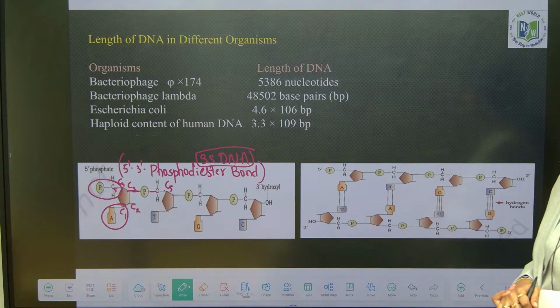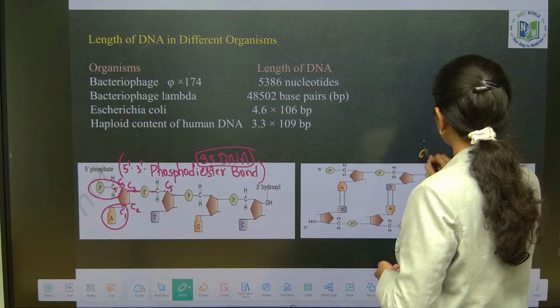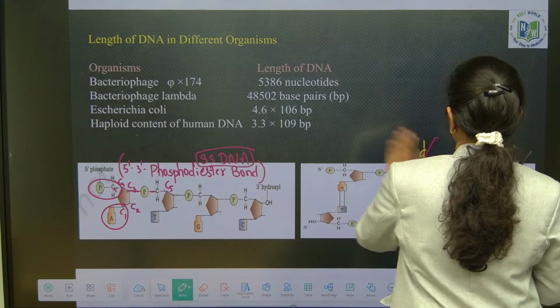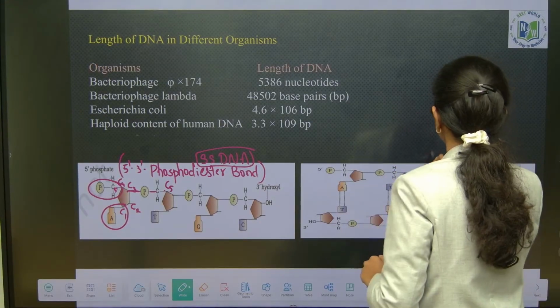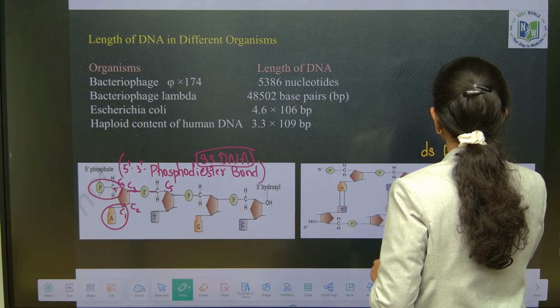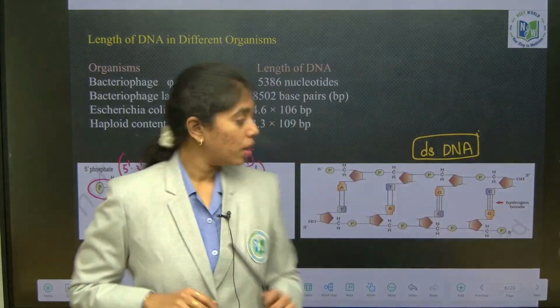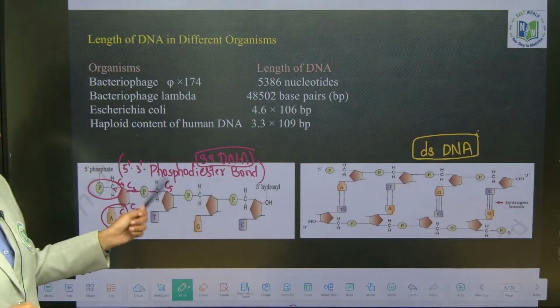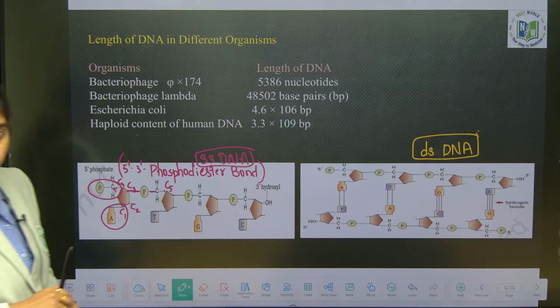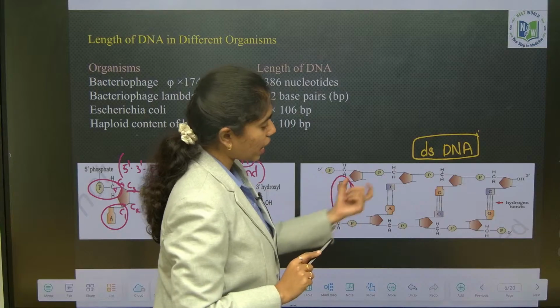Fine. Now you see double stranded DNA. In a double stranded DNA, along with the phosphodiester bond, there is one more bond binding between two nitrogen bases internally.